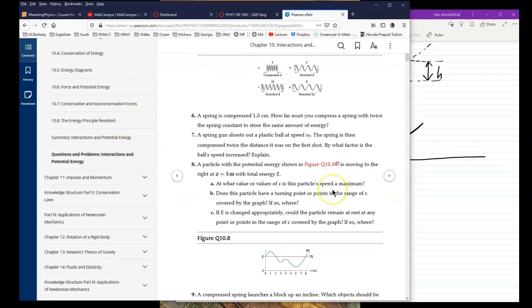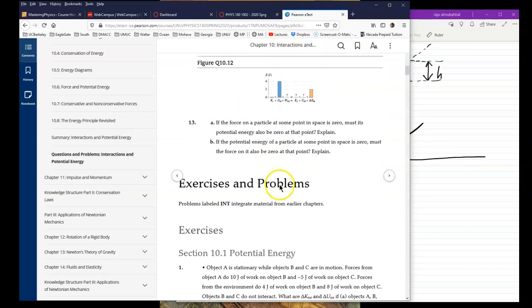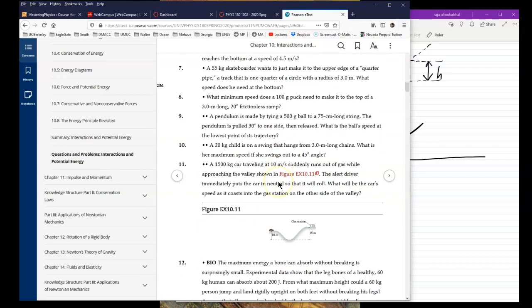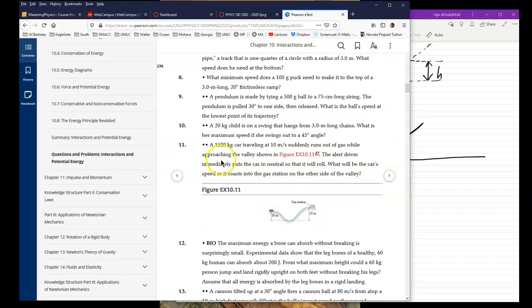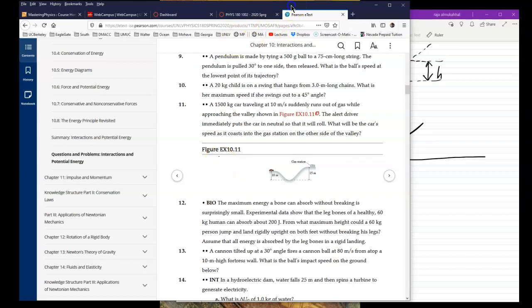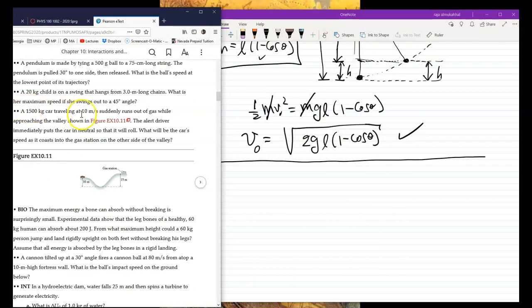Number 11. Not this one. Here we go. This problem, I'm sure a lot of you have seen it before. It says 11 right there. This drawing right there.